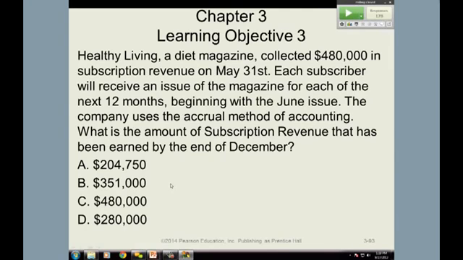Yeah, service revenue is correct as well. The exam will not be designed to test you on account titles such as that. It's got to be a revenue though. Okay. If you put sales, it's also correct. All right. So subscription revenue, sales.